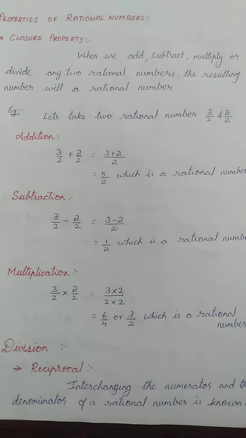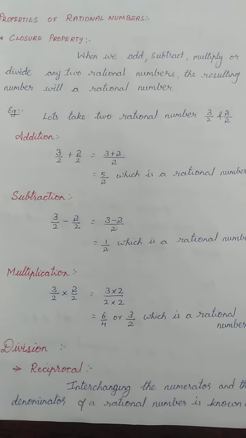Now let us see properties of rational numbers. What is meant by properties of rational numbers? That is, certain numbers have some characteristics. That's what we call properties of rational numbers. First we'll see the closure property. What is meant by closure property?